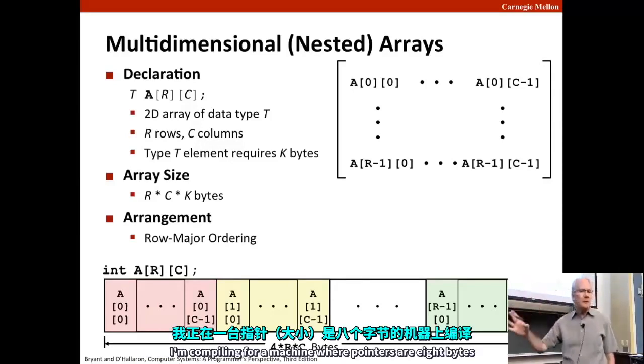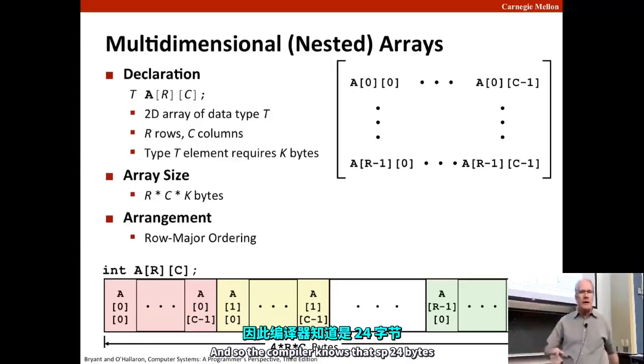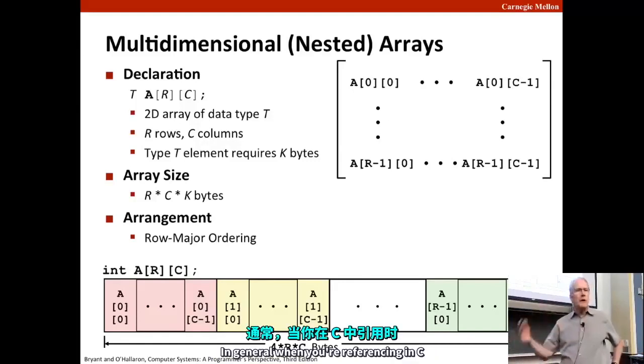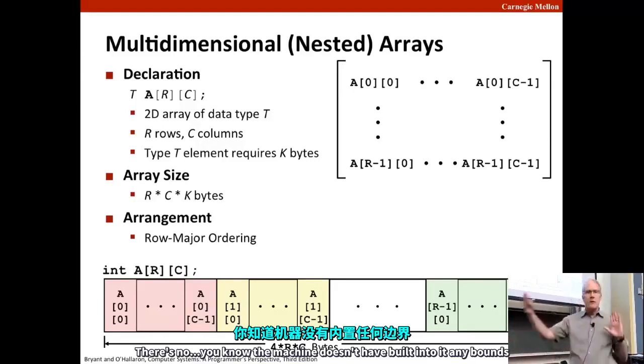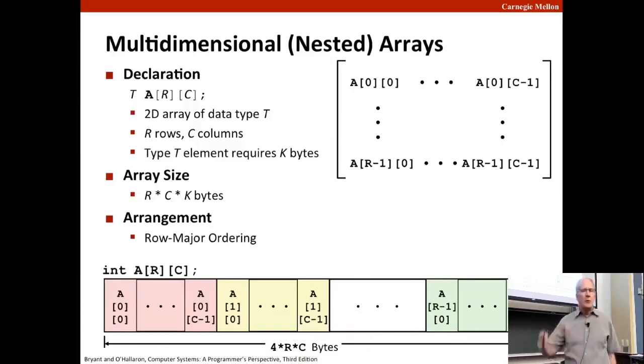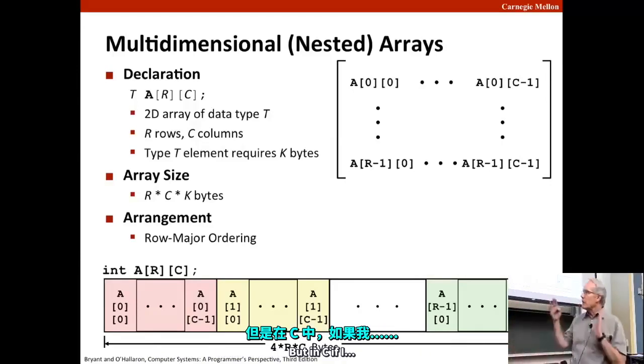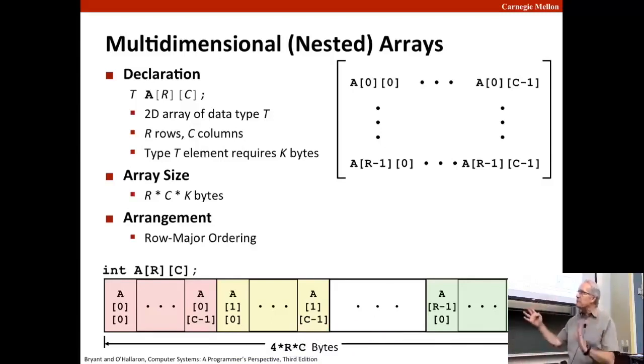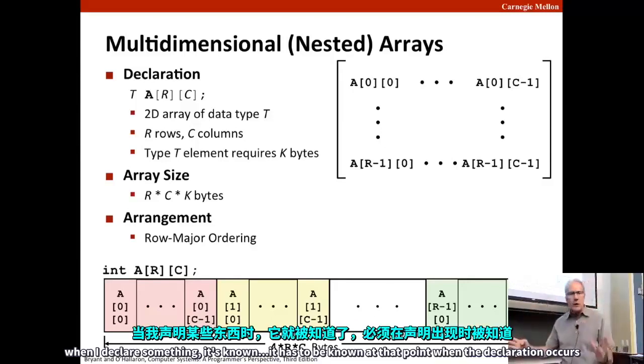I'm compiling for a machine where pointers are 8 bytes, and so the compiler knows it has to be 24 bytes. In general, when you're referencing in C, the machine doesn't have any bounds built into it and doesn't do bounds checking for you. But that's in the runtime execution. In C, when I declare something, it's known. It has to be known at that point when the declaration occurs.